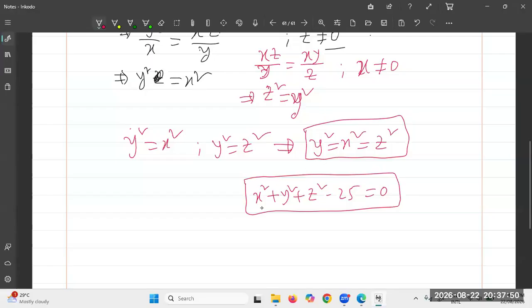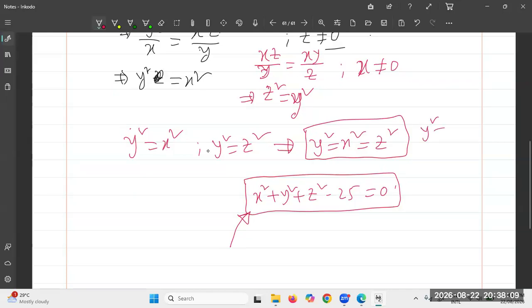So we can use this relation in this constraint, and replace these three variables by one.